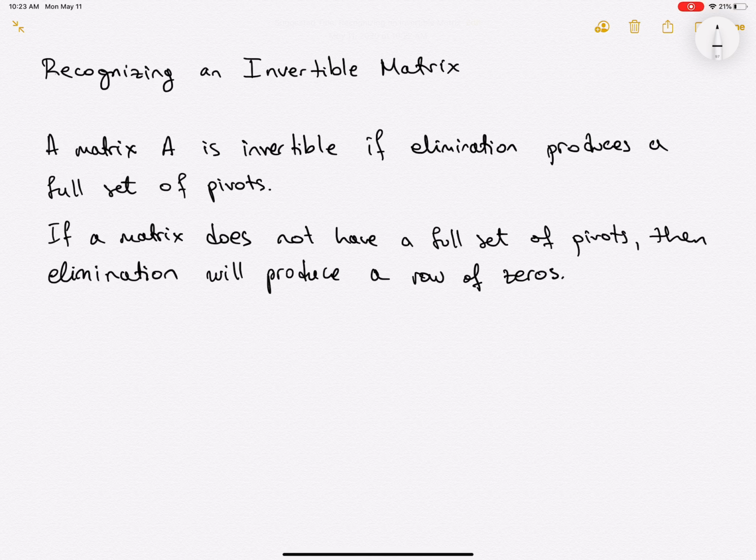Importantly, a row of zeros tells us that the rows and the columns of the matrix are linearly dependent.